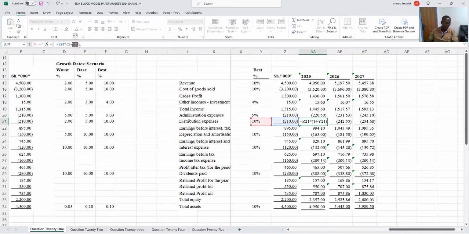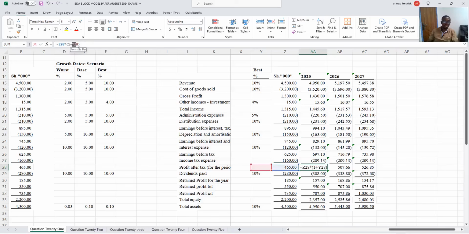To lock. That is percentage. We lock. This is percentage. So this one is the effect. We lock. That one is tax.